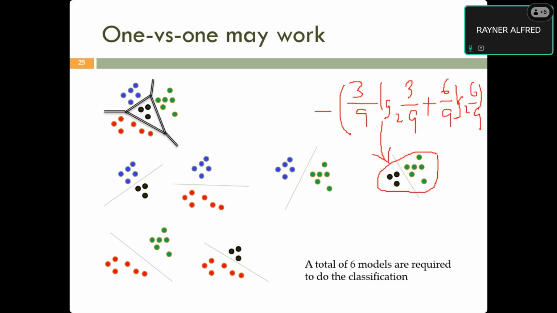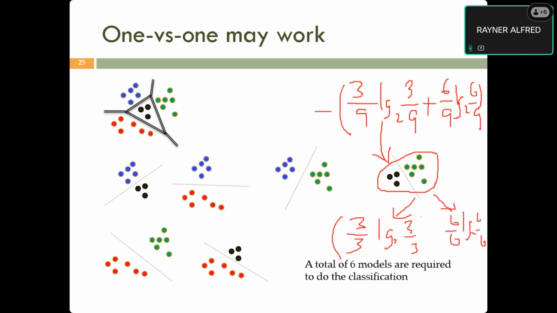This is the entropy. Okay, so when you split them into two, assuming that we correctly classify them, this one should be 3/3 log 2 3/3, and this one is 6/6 log 2 6/6.